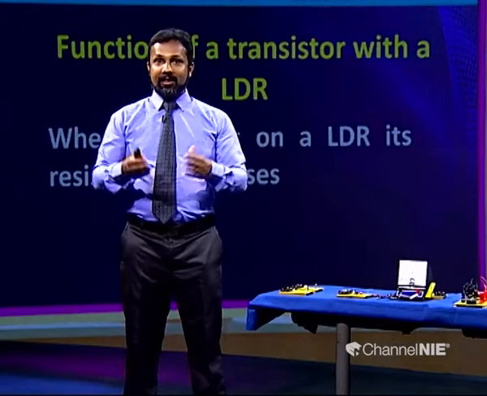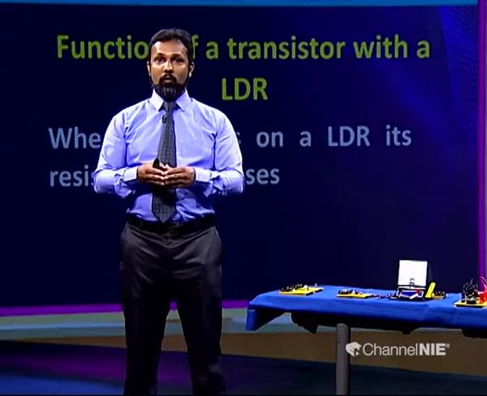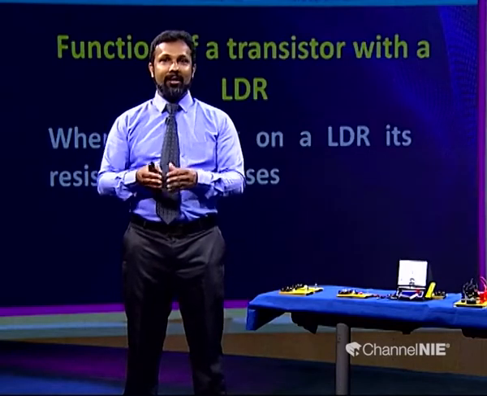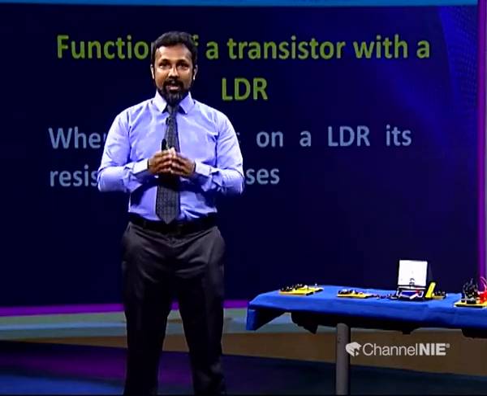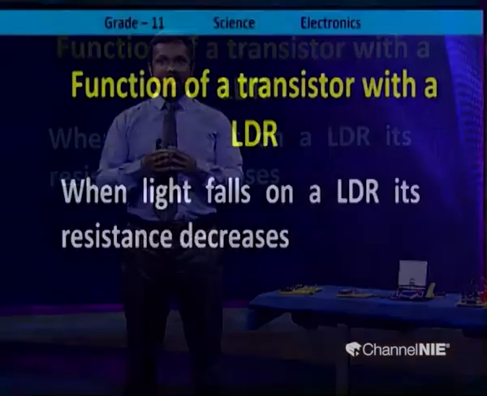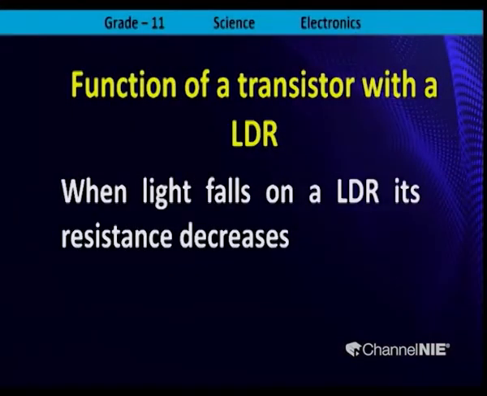Right. Then I am going to focus your attention on the LDR, the function of an LDR with the transistor. Can you remember what is meant by LDR? LDR is the short form of light dependent resistor.